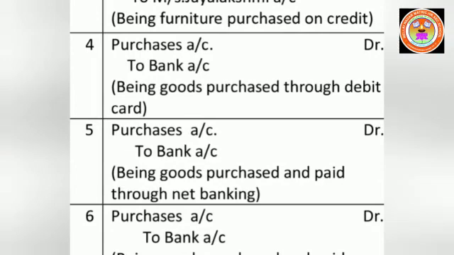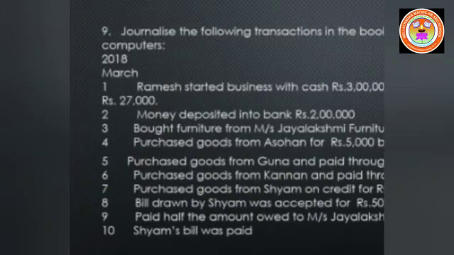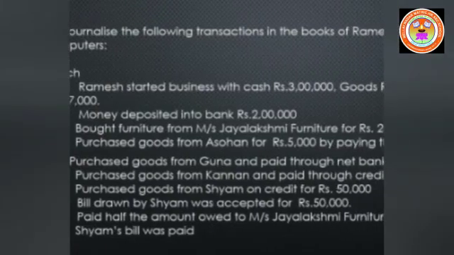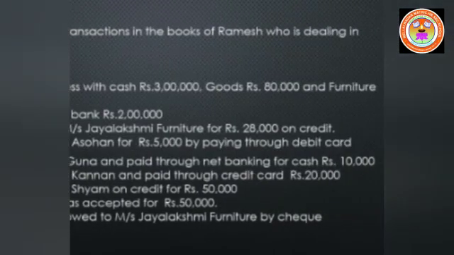But in both cases the banker will be the provider or giver of the money. So in both transactions bank account must be credited. Next transaction, March 6. Purchased goods from Kannan and paid through credit card, rupees 20,000.